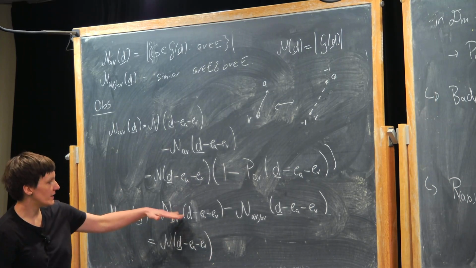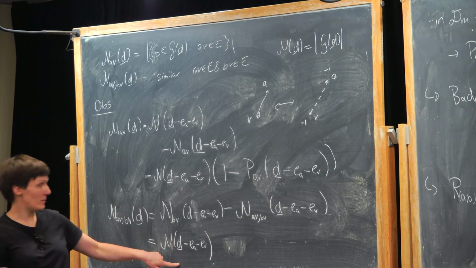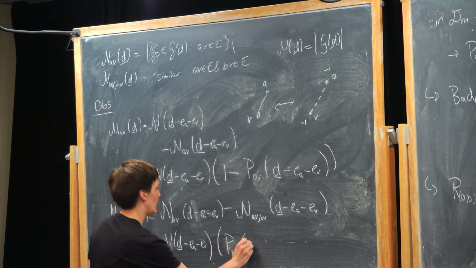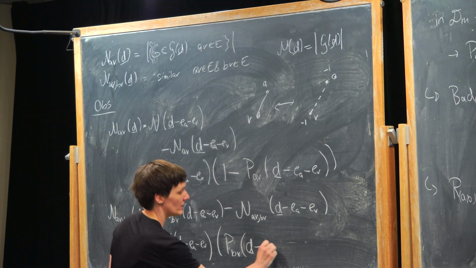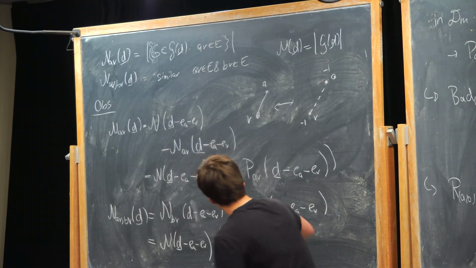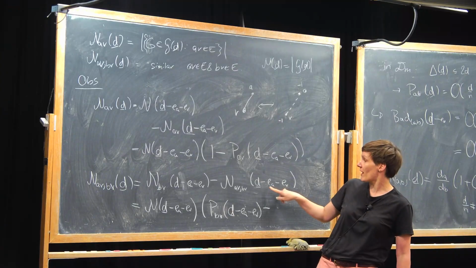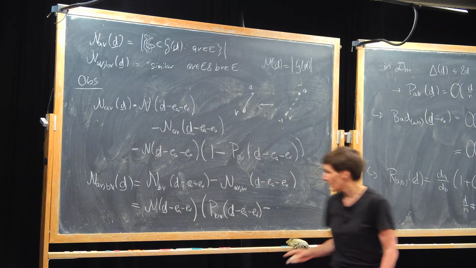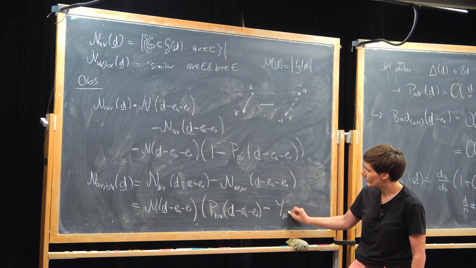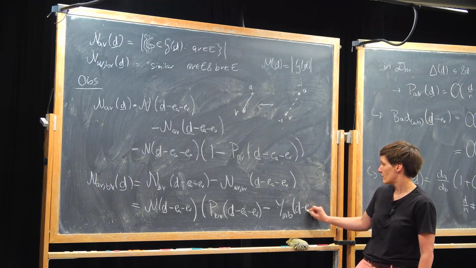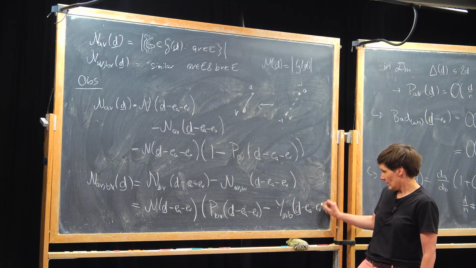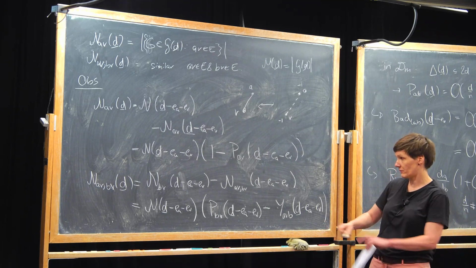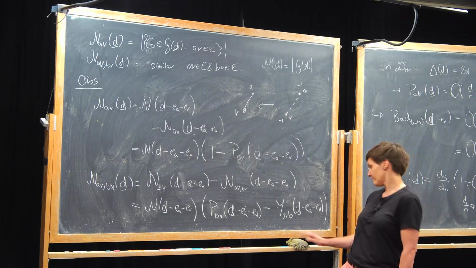So if I divide that number by this number, I get the probability that BV is an edge in D minus EA minus EV, minus, if I divide the number of graphs that have both edges by all graphs with that edge, I just get the YAVB of this reduced degree sequence. Okay? A very simple combinatorial trick.